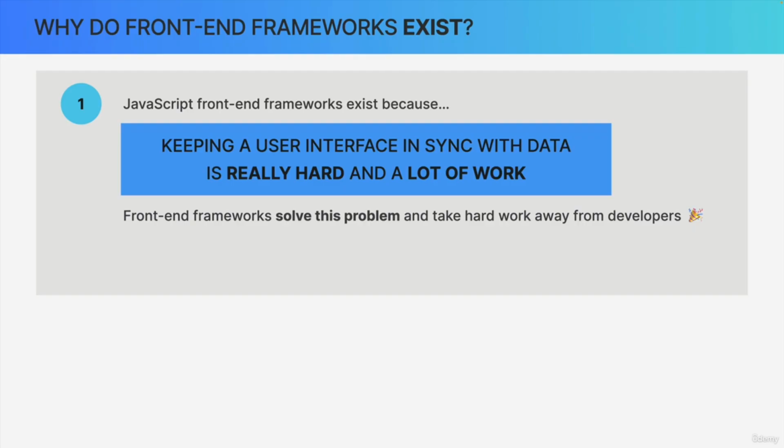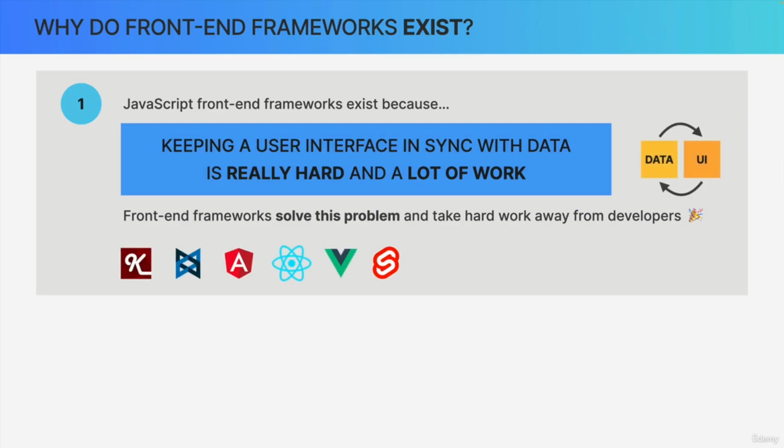So basically, frameworks like Angular, React, or Vue take this hard work of synchronizing data with the user interface away from us developers. So they solve this really hard problem so that we developers can focus only on the data and on building our user interfaces themselves. Now, different frameworks have different approaches to doing this, but they are all similar in the fact that they keep UI and data in sync over time.